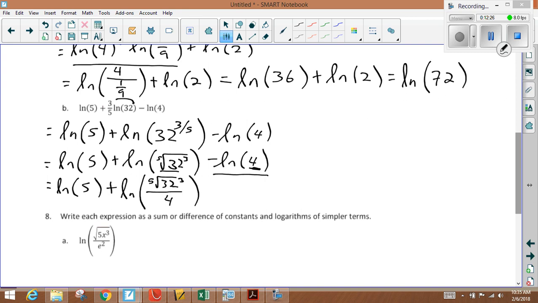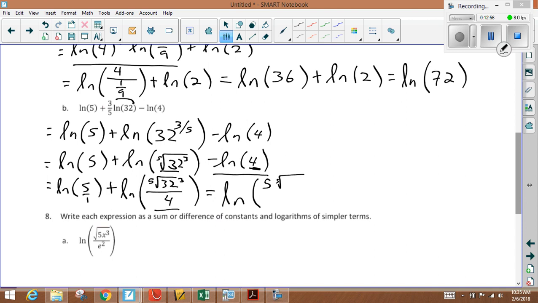Now I'm going to write it as a product. So now this should be natural log of 5 times the 5th root of 32 cubed over 4. I'm just multiplying. It's like I'm multiplying 5 over 1 times this quotient over here. If I do that, there's really nothing I can do but write that coefficient of 5 out there.